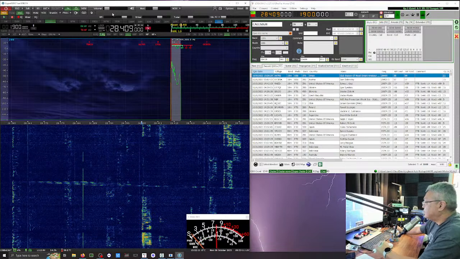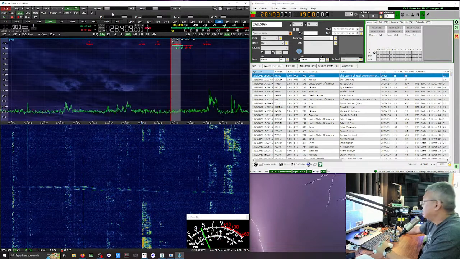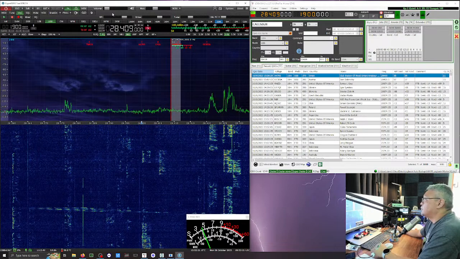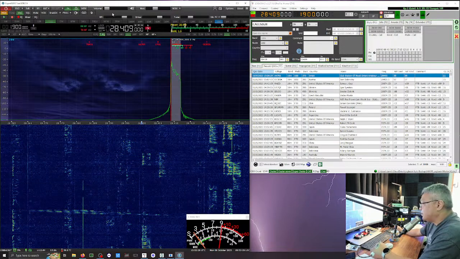Hello. Is this frequency in use? November 4, Victor Foxtrot Romeo. That's 1200 watts right there. Hello CQ. This is November 4, Victor Foxtrot Romeo, CQ10, standing by.